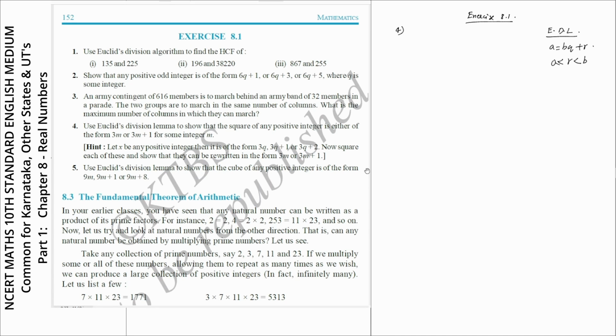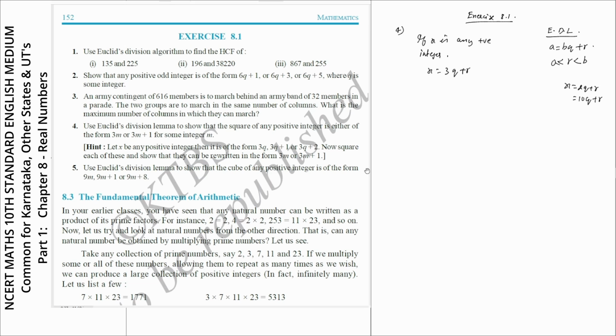Therefore, if x is any positive integer, I can write x is equal to 3q plus r, where q and r are also integers. Now why 3q plus r only? I can take x is equal to 2q plus r, I can take x is equal to 10q plus r, I can take anything, it doesn't matter. But in this question I am taking 3q plus r only.